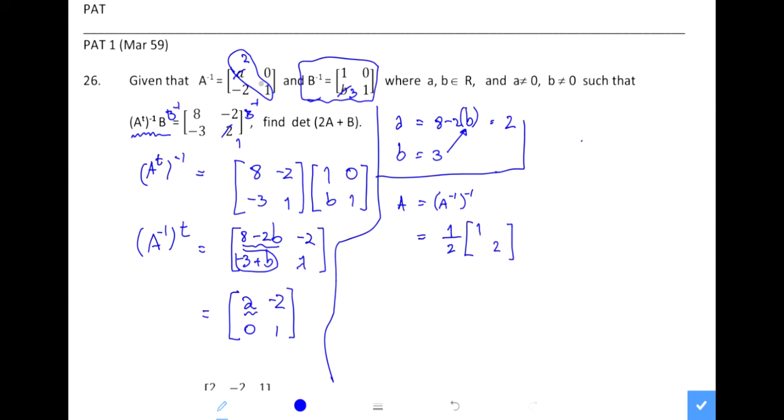And then for the numbers that are not along the diagonal, you just have to swap the signs of them. So we say again, we swap the positions if they are along the diagonal, but if they're not along the diagonal, we just swap the signs to be opposite. Negative would be positive, and positive would be negative. Okay, so this is my A now.